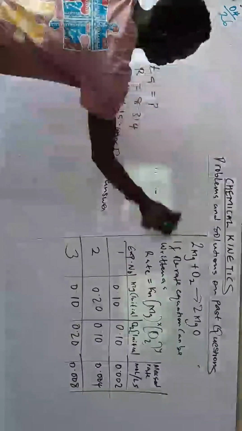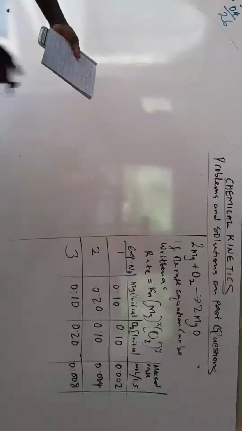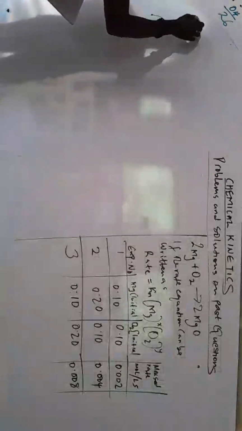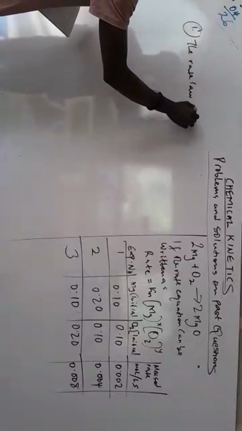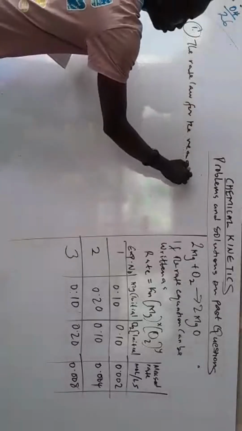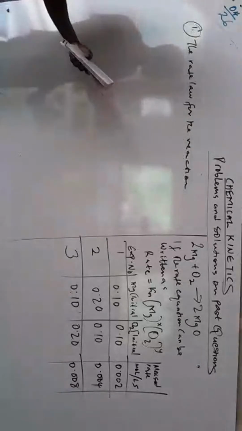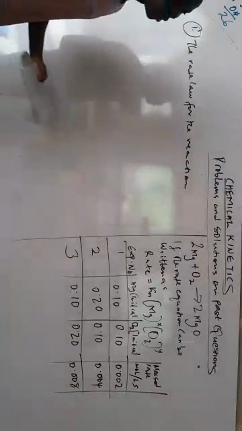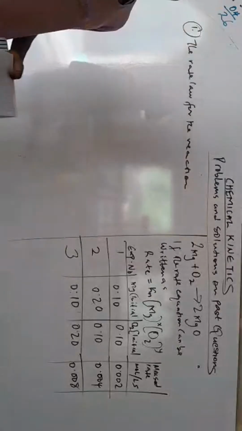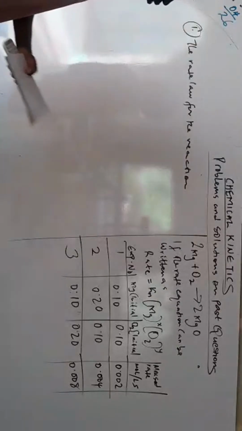Very good. Now, let's start with the first question, which is the rate law for the reaction. So the rate law for the reaction, with respect to this, what is the value of k, x, and y? We have to find out carefully.